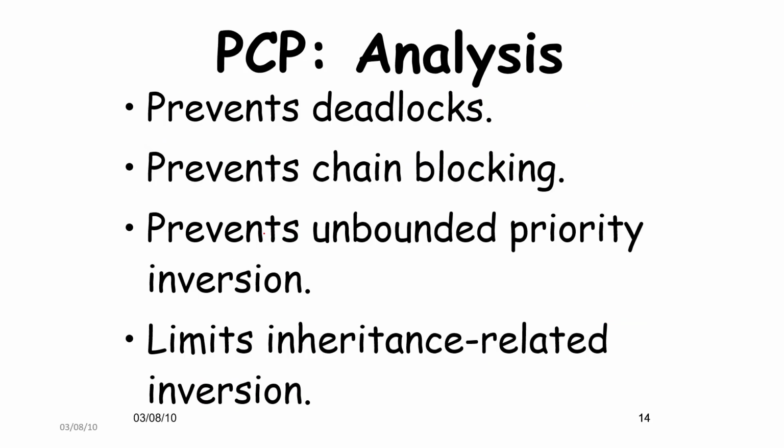So the analysis of PCP would be, so these are things that we will see in the current lecture as well as in the next lecture, with proofs of course, that we will prevent deadlocks, we will prevent chain blocking, unbounded priority inversion, and what used to be our biggest problem with HLP, which was inheritance related inversion, this will be limited.